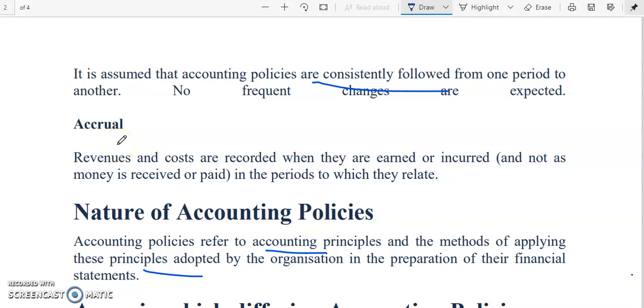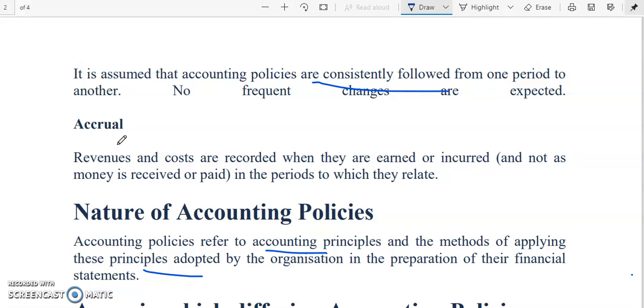Now the third assumption is accrual. What is the meaning of accrual? Revenue and costs are recorded when they are earned or incurred. For example, you have made a sale to your customer on 31st March, the last day of the financial year.